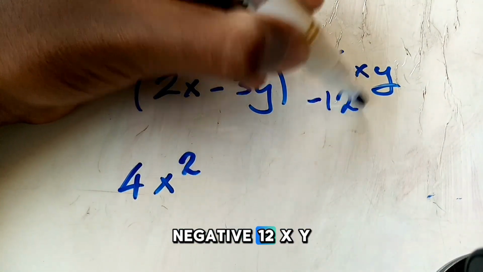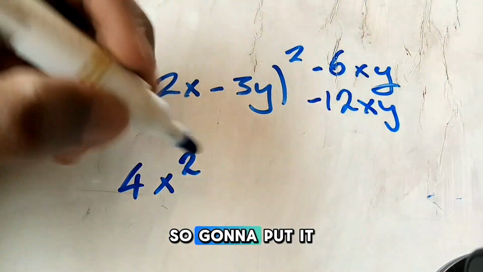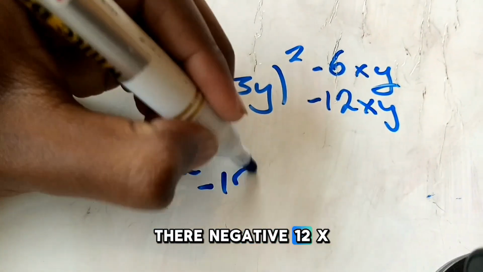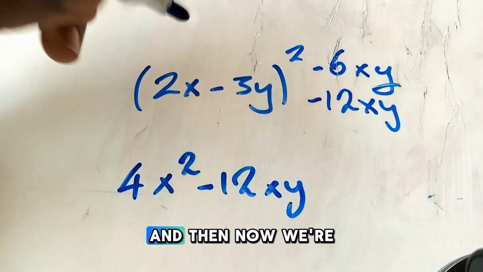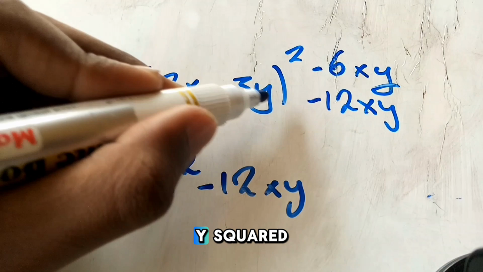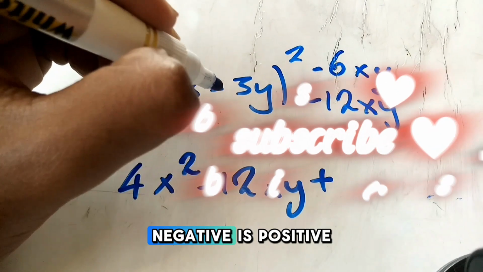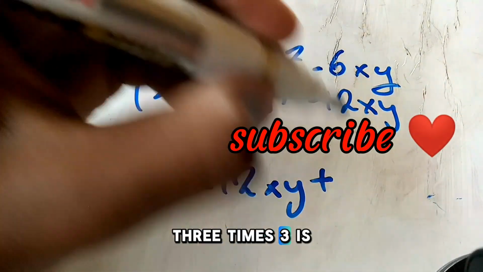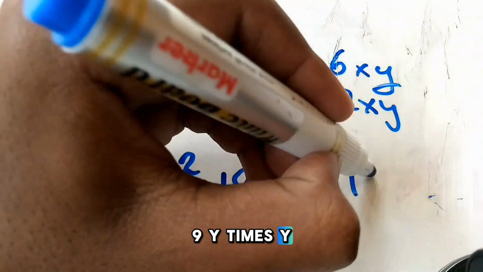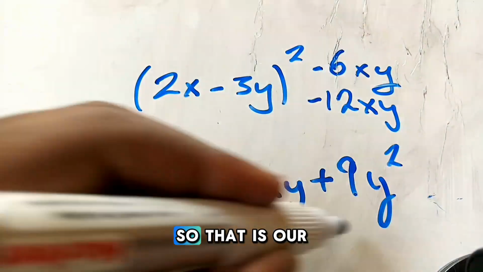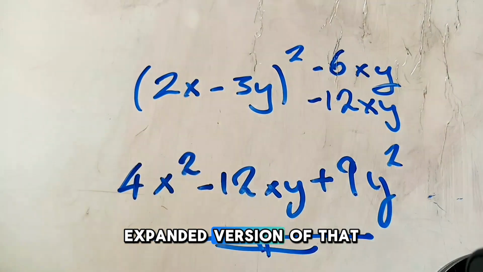Negative 12xy. So we're going to put it there, negative 12xy. And then now we're going to say negative 3y squared, which will be what? Positive, because negative times negative is positive. 3 times 3 is 9. y times y is y squared. So that is our expanded version of that term.